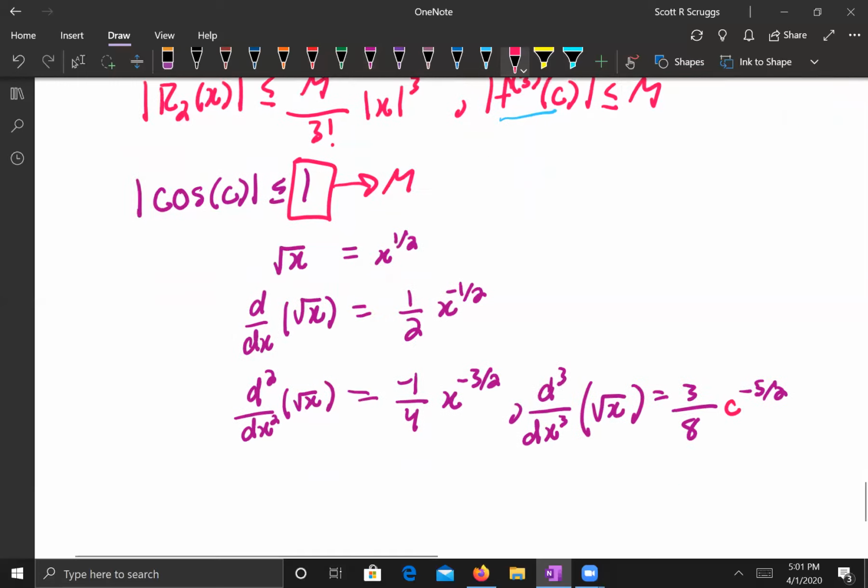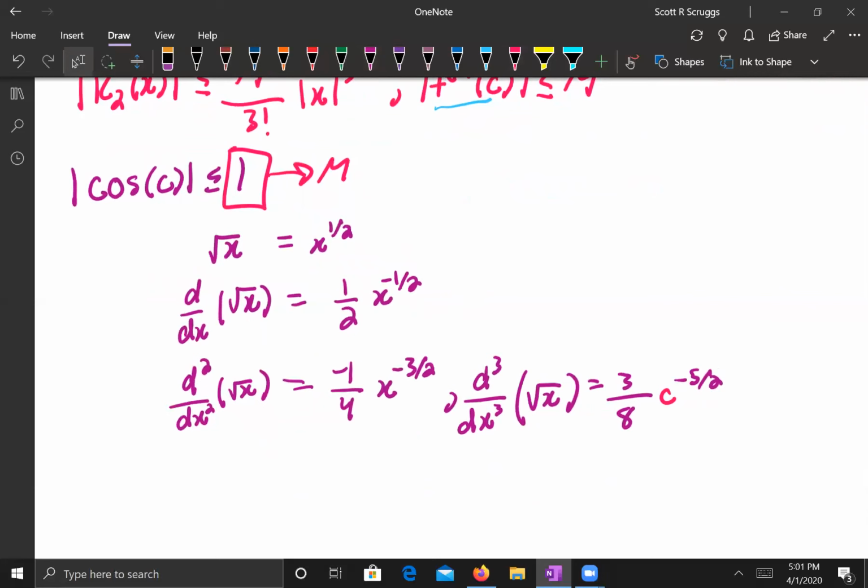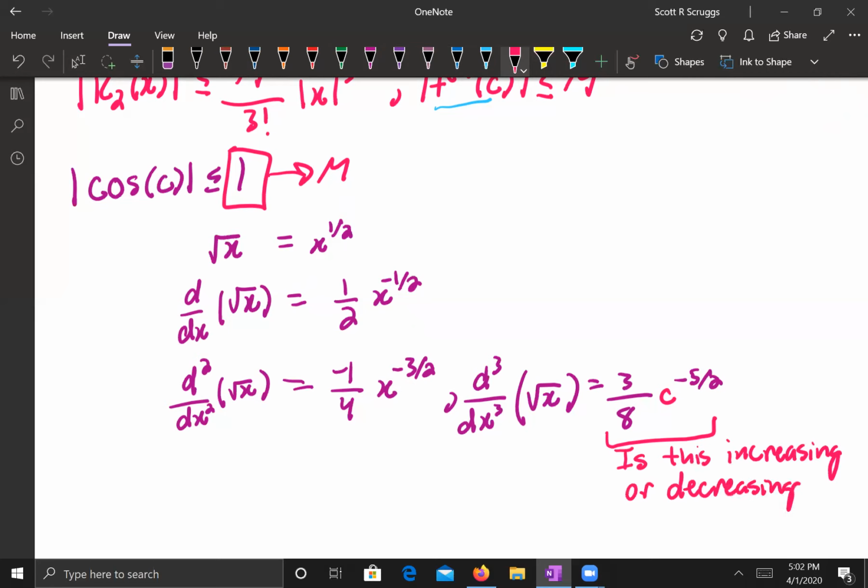Typically in general, if I wasn't working with sine or cosine, where I could quickly get a bound like that, the question I'm going to ask is: is that function increasing or decreasing? The reason why I asked that is at this point we know what interval we're working in.